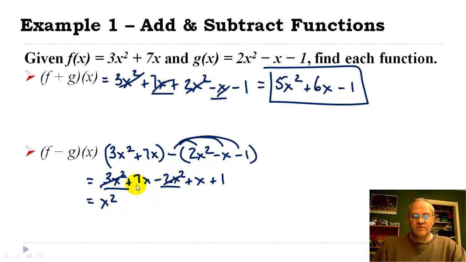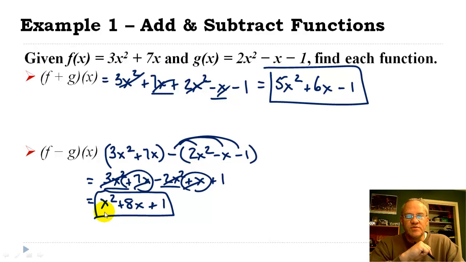And I have 7x plus x is 8x, and then plus 1. There we go. So that would be what's left after I subtract those two functions, x squared plus 8x plus 1. Okay, so far pretty easy, right?